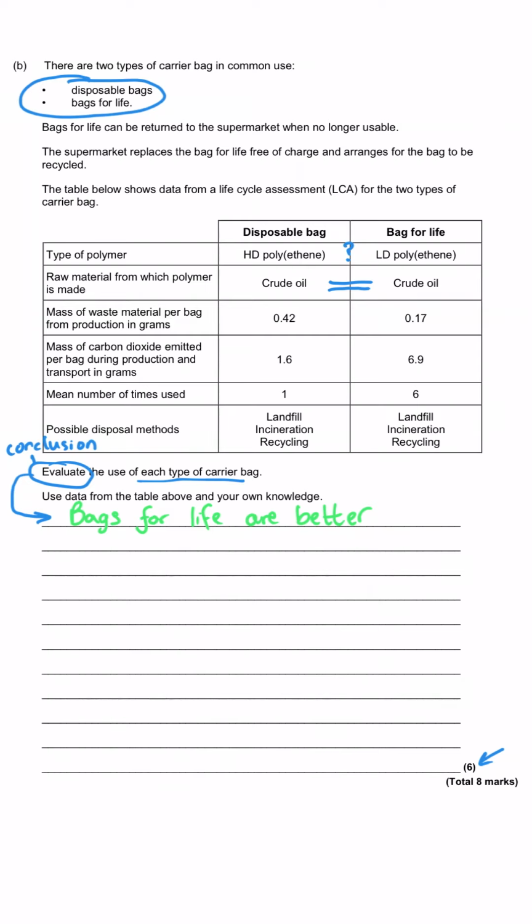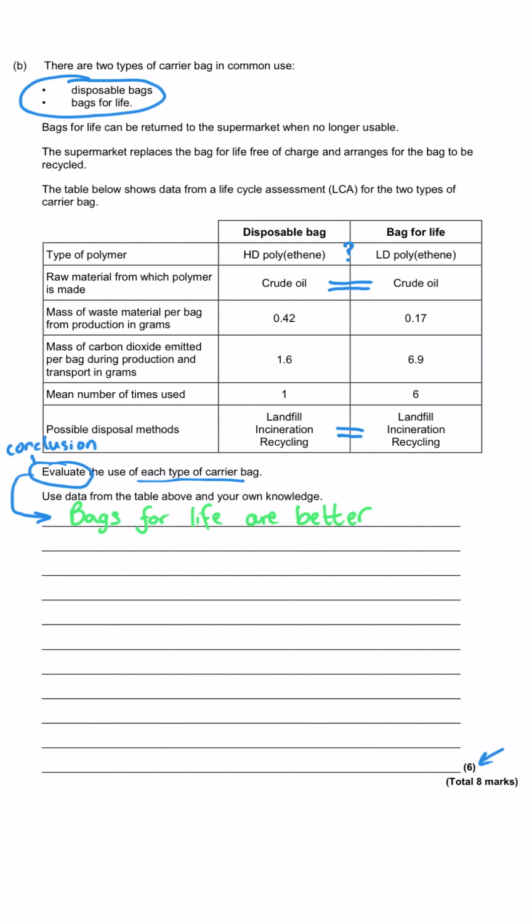It doesn't really make that much of a difference. And similarly, if we just scoot down to the bottom, we can see that the methods for disposal are the same for both methods. Landfill, incineration, recycling are our 3 options, whichever bag we choose, which means that our final decision in our evaluation has to be based on these 3 middle rows.